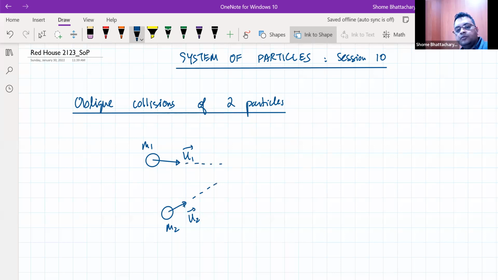Now one important thing is, when they come in contact, the mutual collision impulse that acts between them always acts along what is called the line of impact. And the line of impact is going to be the center to center line.